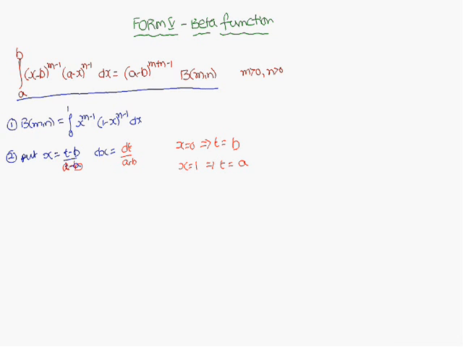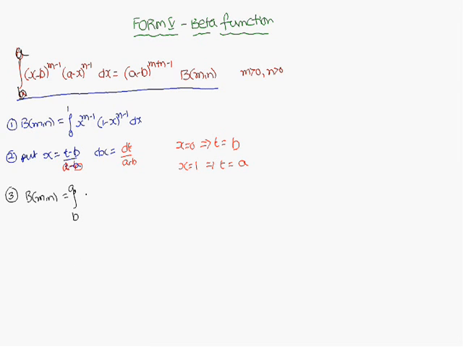So if you substitute in beta m comma n, you are going to get integral b to a.